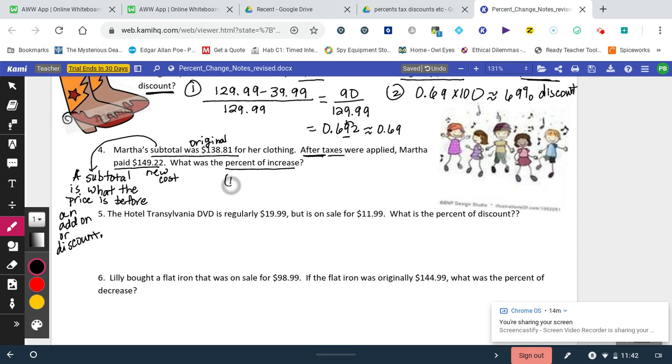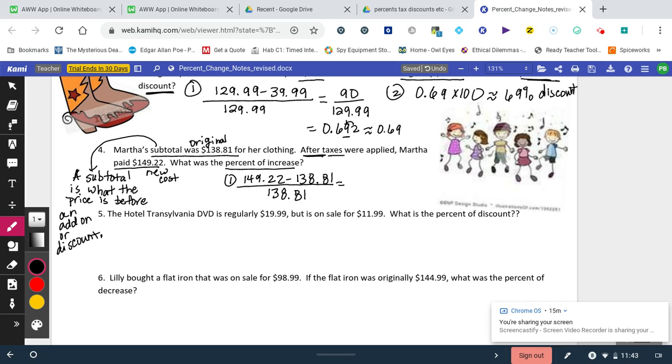So I'm just going to follow the steps again. I'm going to subtract my two amounts, and I'm going to divide by the original cost. All right, so I have $149.22 minus $138.81.